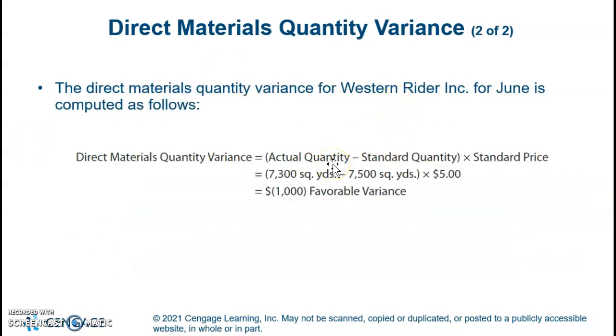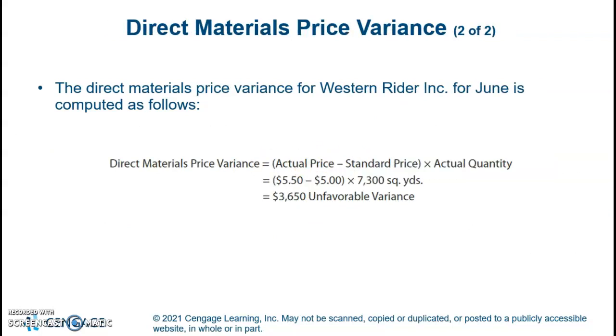So actual price minus the standard price, so the $5.50 minus $5, so we see that we have 50 cents higher than we were planning, times the actual quantity. So we have a direct materials price variance of $36.50.